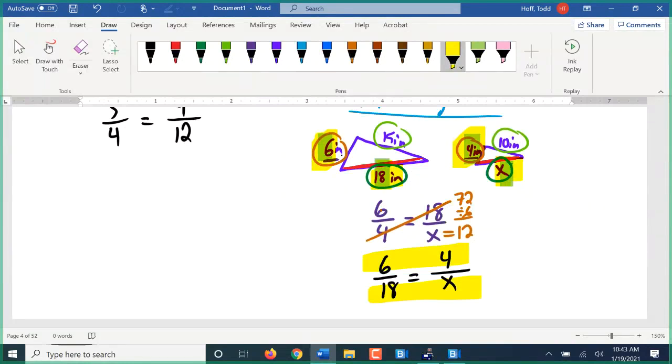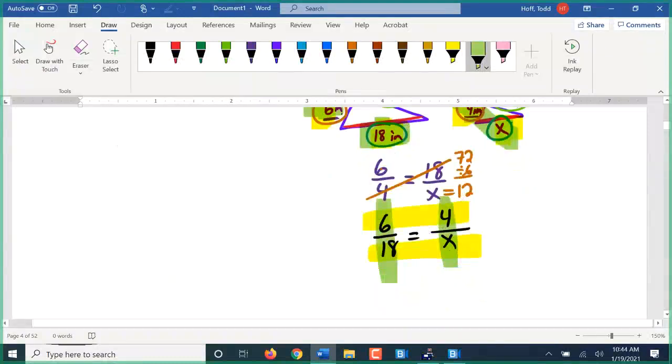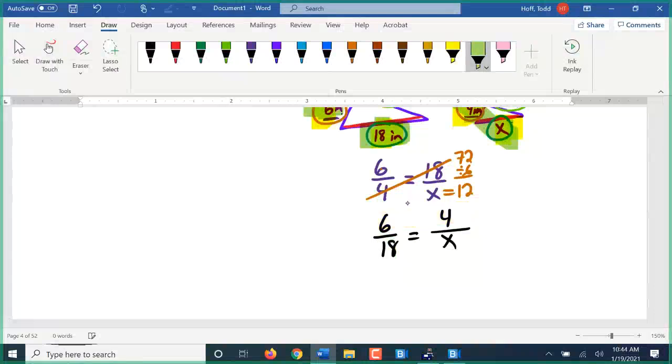Rather than being one above the other, they're side by side now. 6 and 18 are from the same figure, they go together. 4 and X are from the same figure, they go together. It doesn't matter what direction the relationships go in, the same relationships exist. They just went vertically for the same figure instead of horizontally here.